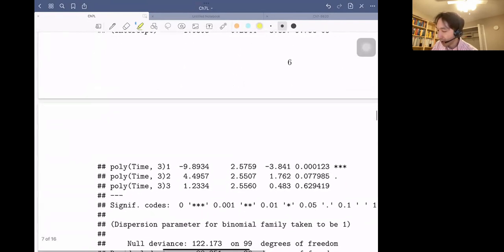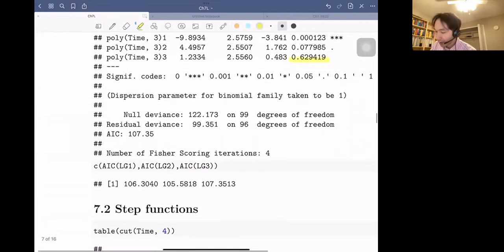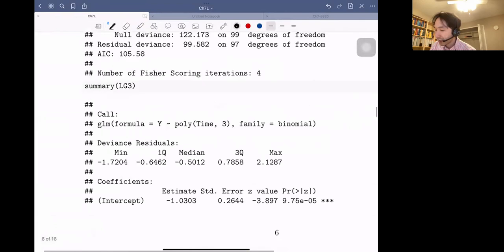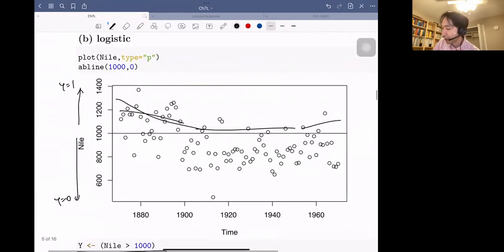The third term is almost useless. And if we see AIC, the degree 2 is the best. So that means in this figure, you can see we have some nonlinear pattern in the probability. Probably it's higher here, but not much lower here, so we have this kind of curve.